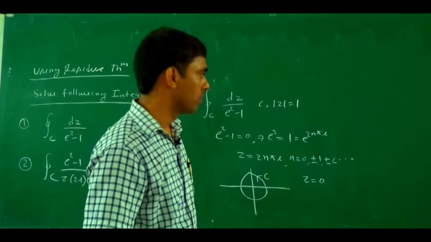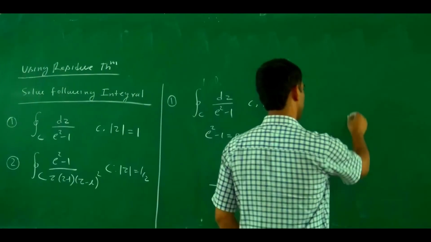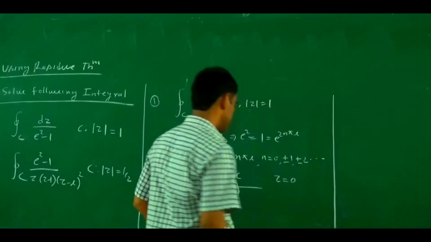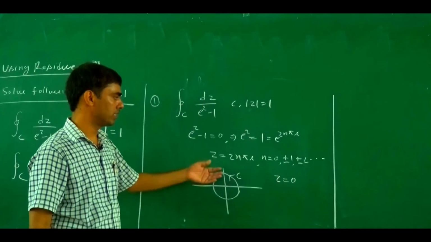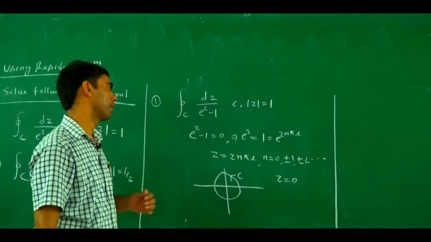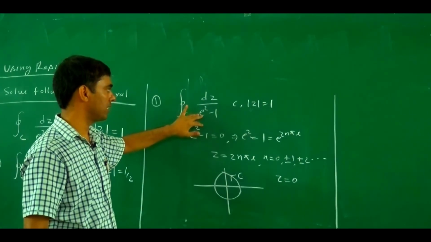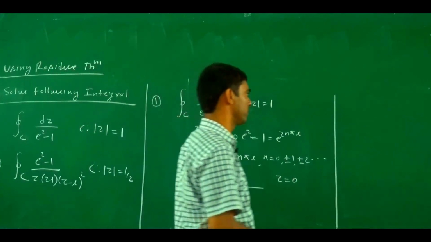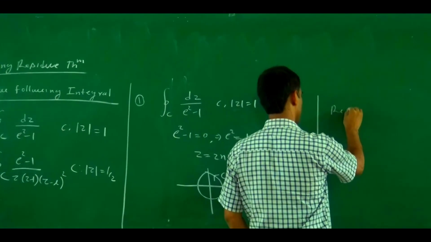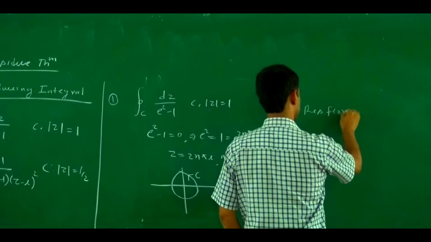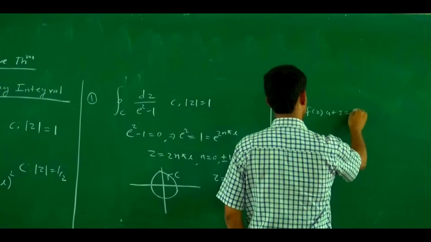This is an isolated singular point. So first of all, we find the residue at z equals 0. The residue of f(z) at z equals 0 is what?